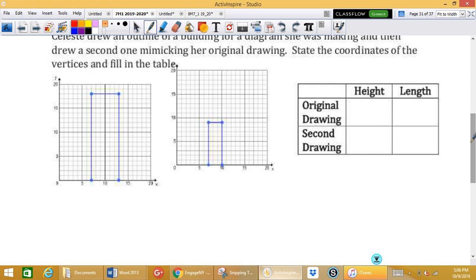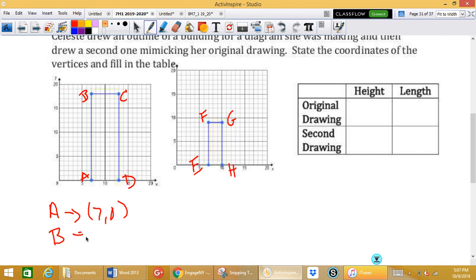So our vertices for here, I'll label them A, B, C, and D. And I'll label this E, F, G, and H. So A is over 7 up 0.